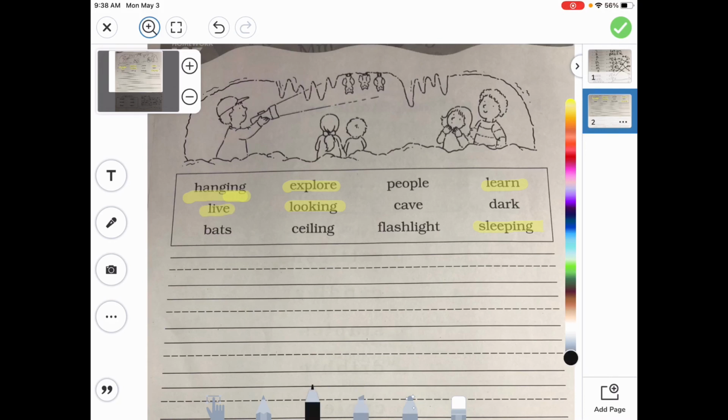All right, so let's look just at our first thing on our picture. What does that say? We could say, who is that? What could you say? The boy is, what's he doing?